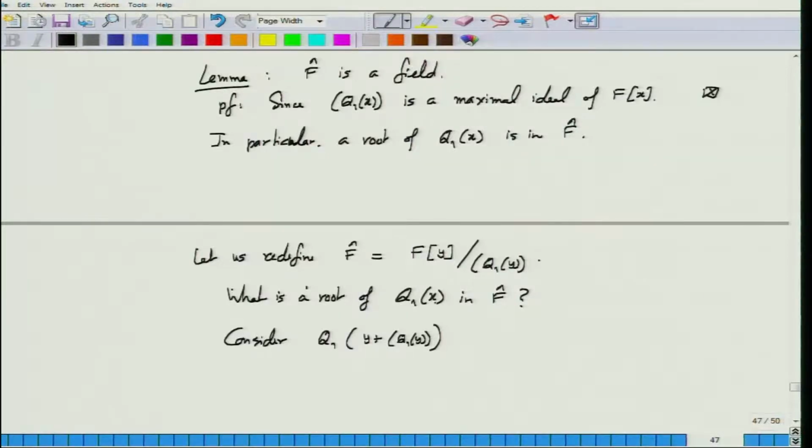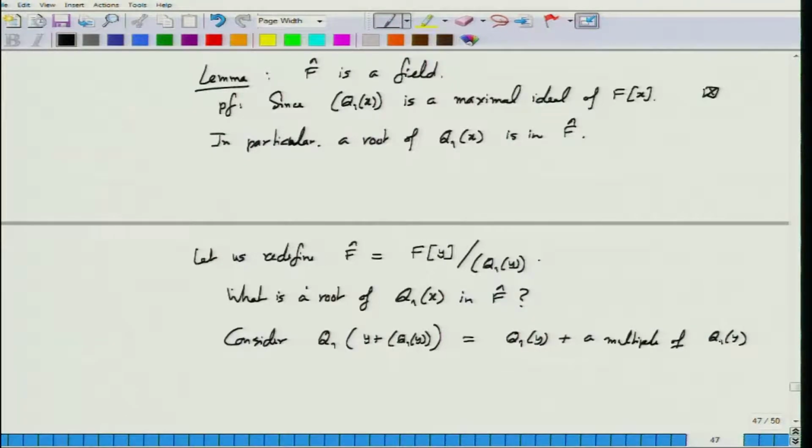So if you replace x by this element of F hat in Q1, what do you get? This would be Q1(y) plus a multiple of Q1.